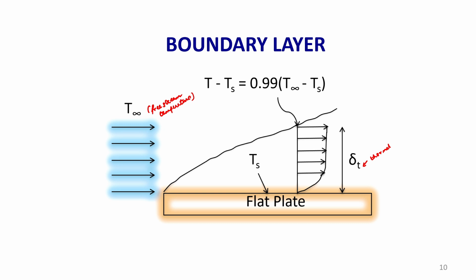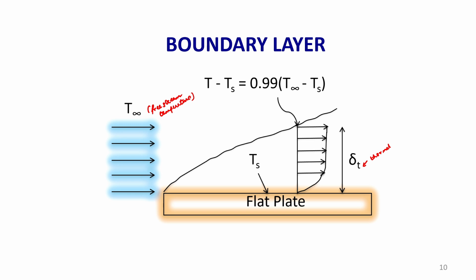Suppose if the value of Ts is small, both sides will get a negative value, with a minus sign, which will get cancelled, or you can write Ts minus T infinity, Ts minus T also. Okay, so it does not make any difference. So here also, up to this portion only there is a temperature gradient, beyond which the temperature of the fluid will be equal to the free stream temperature. That is, the temperature at this point will be equal to T infinity.